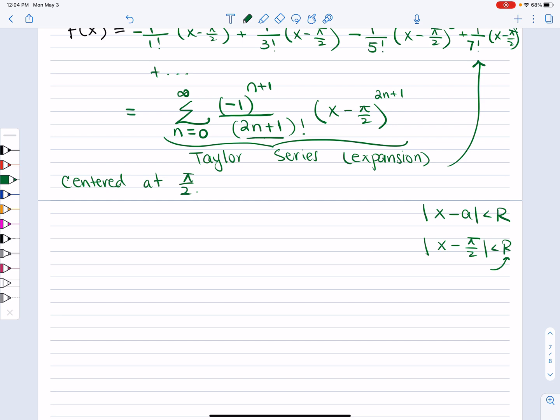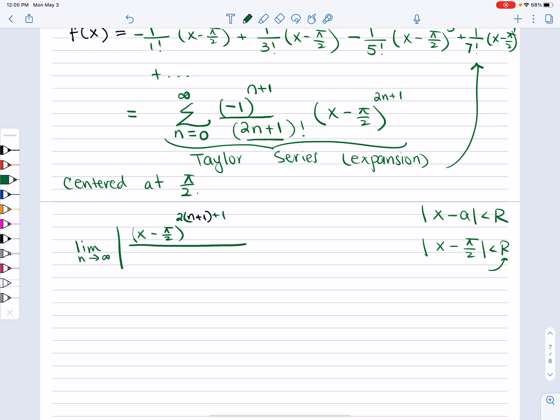So let's take the limit as n approaches infinity of the absolute value of x minus pi over 2 to the 2 times n plus 1 over 2 times n plus 1 factorial, times 2n plus 1 factorial over x minus pi over 2 to the 2n plus 1.